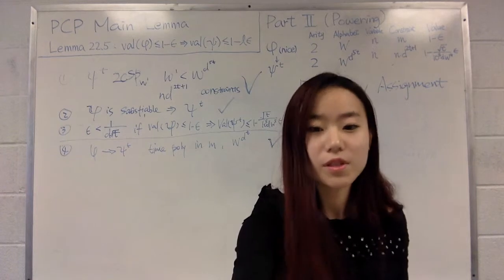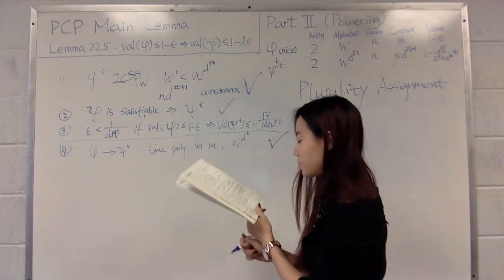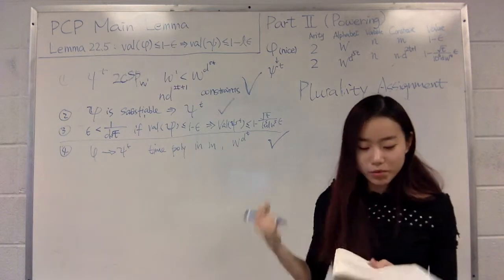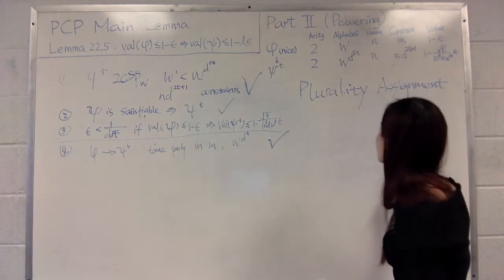What we want to do is to make sure that if u violates few constraints, then y will violate many constraints.